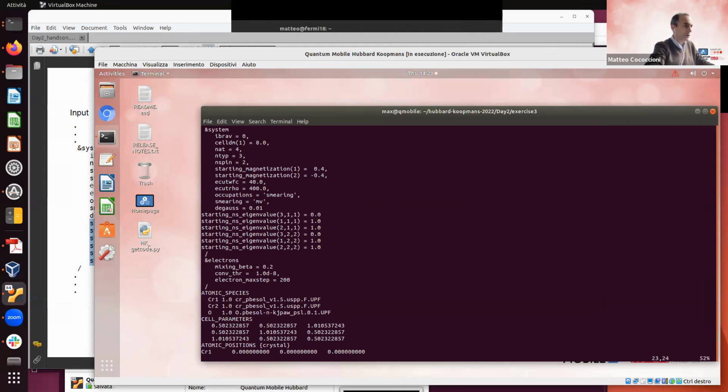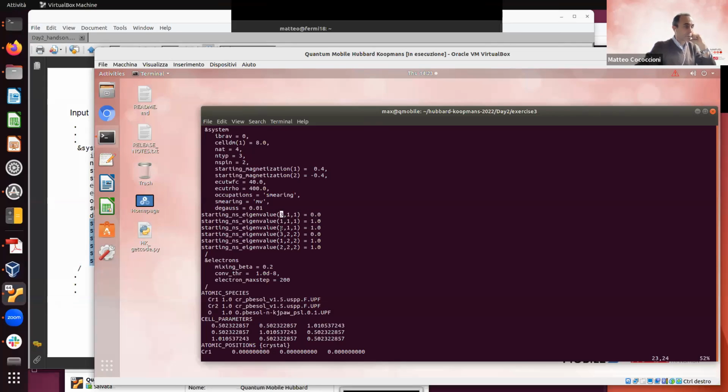Basically we are suggesting that the third state of the first atom with spin 1, I never remember which is first, which is second of these indexes, be put to 0 after the first iteration of our self-consistent cycle.